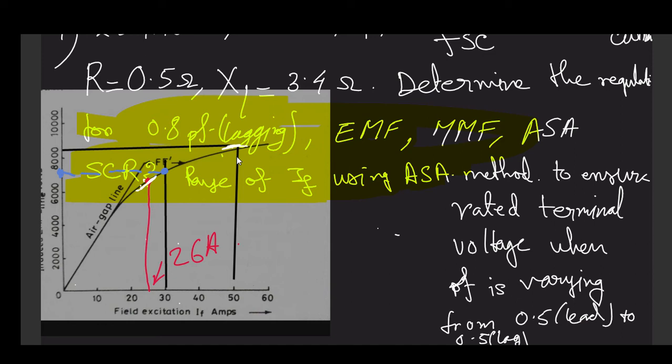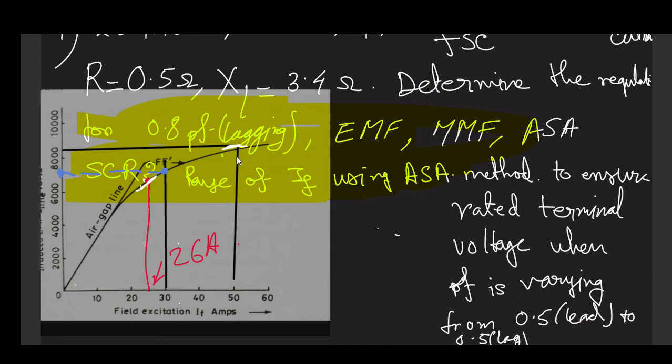In the EMF method, you are doing something that has a very steep slope, so that gives you a considerable value of regulation. And in the MMF method, on the contrary, you have a small value of slope, giving you a regulation that is smaller than what happens.